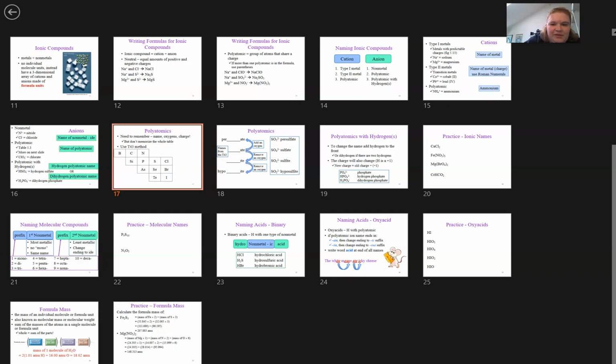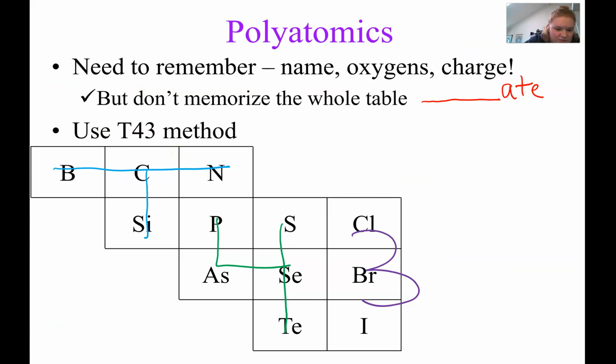I'm trying to pick a color that's too close to the other buttons. Here we go. So in that T section, the T stands for 3. And that tells us that each of these have 3 oxygens.